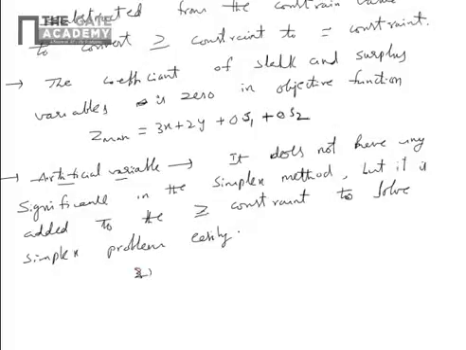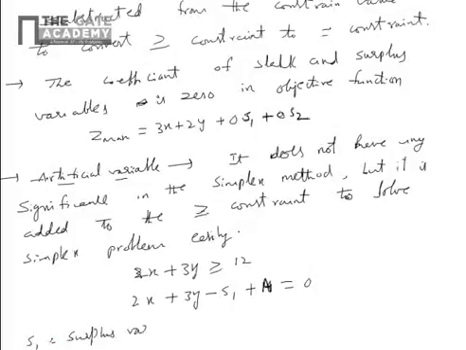So 2x plus 3y greater than or equal to 12, then you can write it as 2x plus 3y minus s1 plus a equal to 12, where s1 is surplus variable and a is artificial variable.